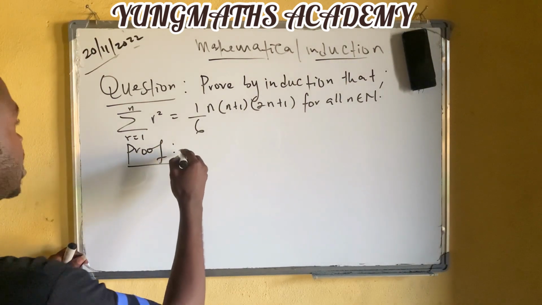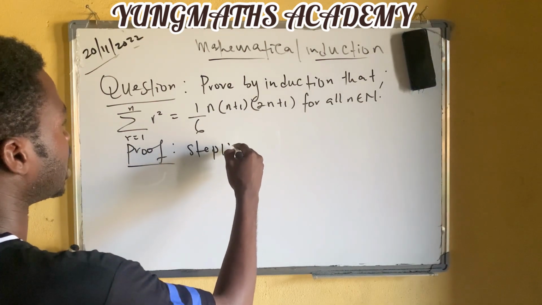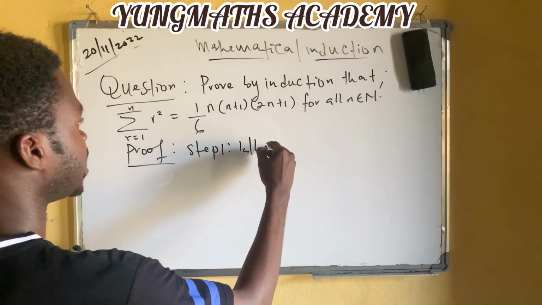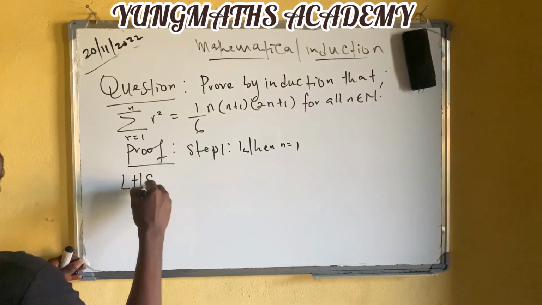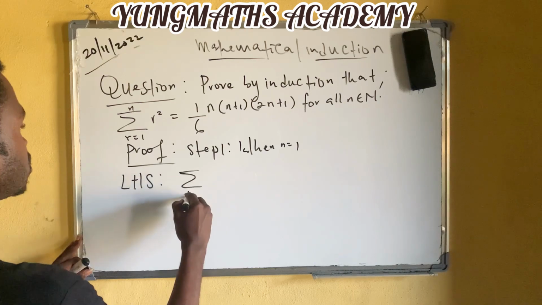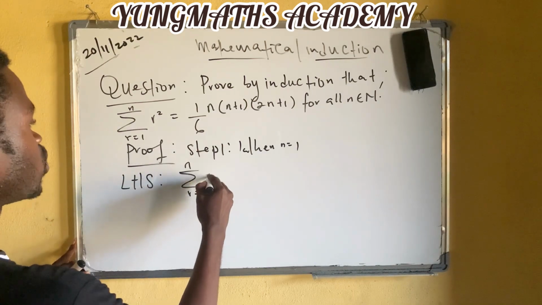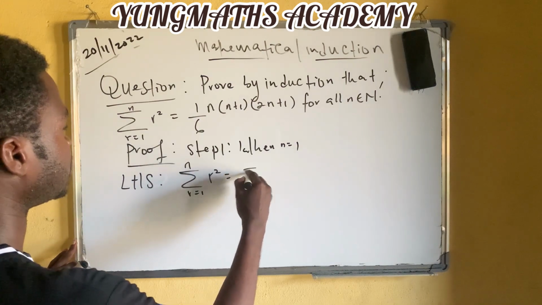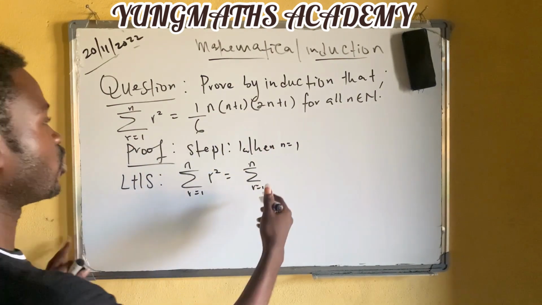So here, step one. So when n is equal to 1, I'll start with my left hand side. Left hand side, I have summation r from 1 to n of r squared. So I'm substituting n for 1.